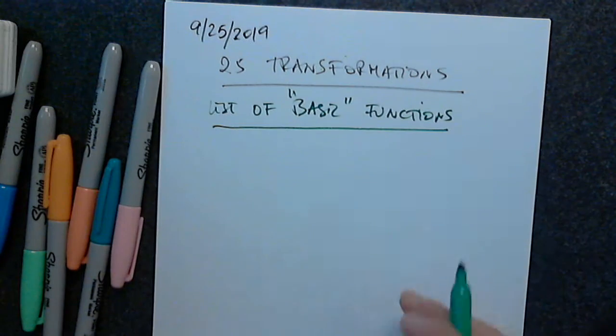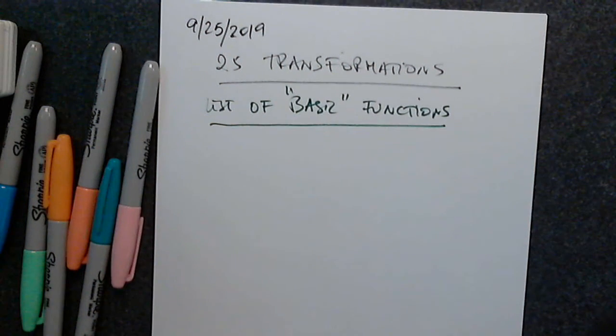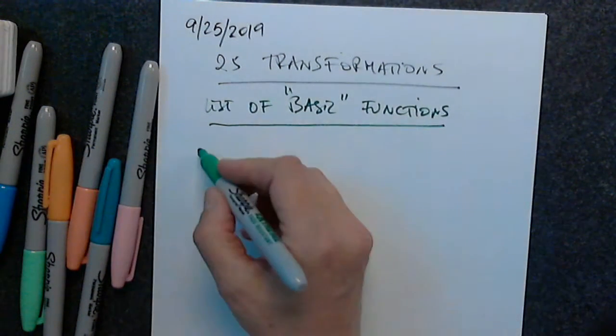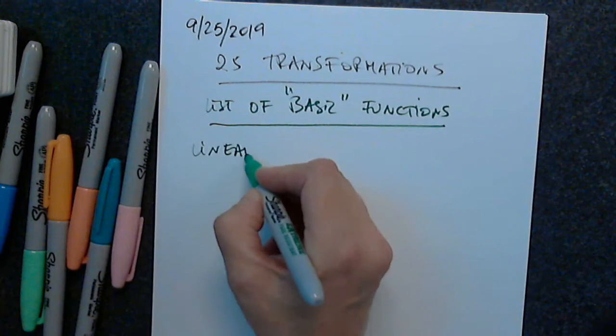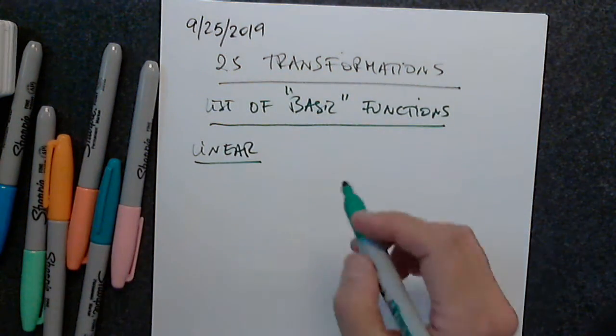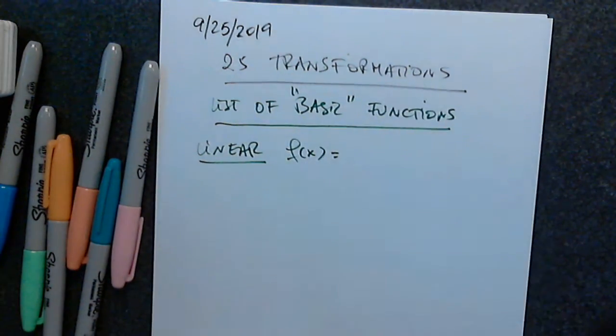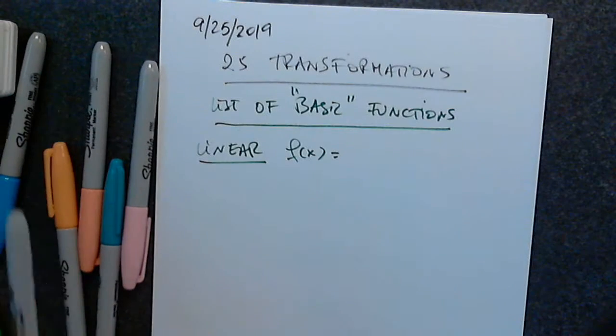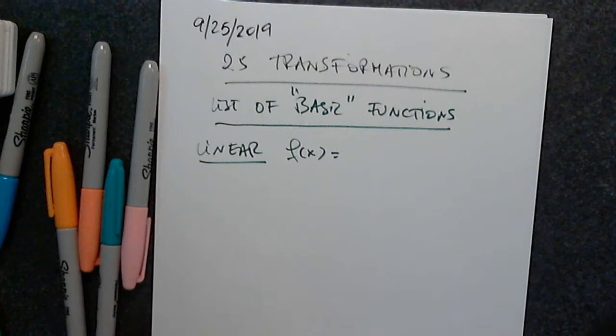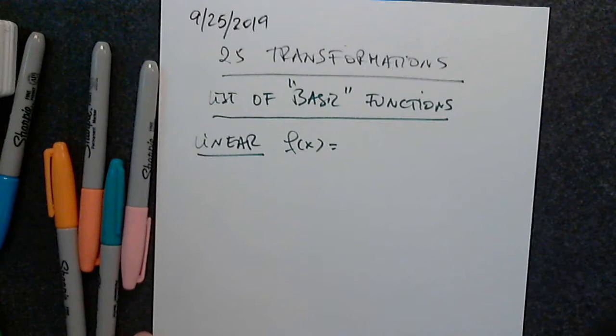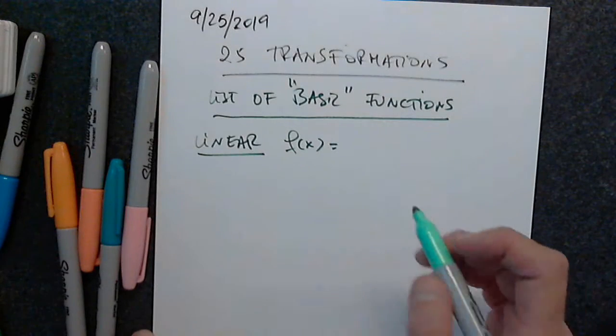Many of these functions you've seen before, maybe some of them you haven't. So, can anyone give us the simplest possible linear function that you can think of? F of x equals?